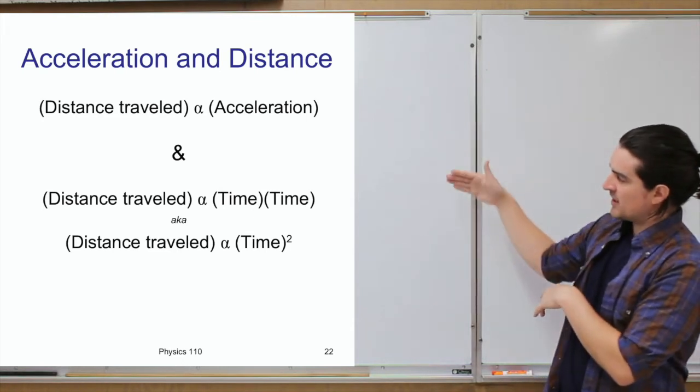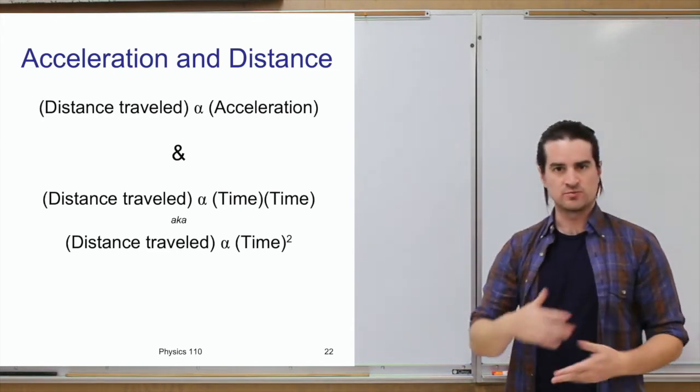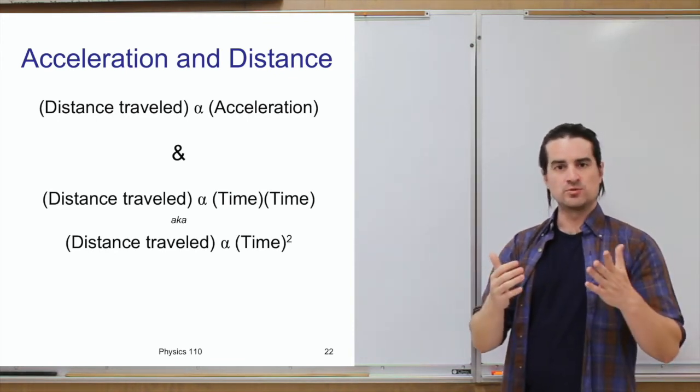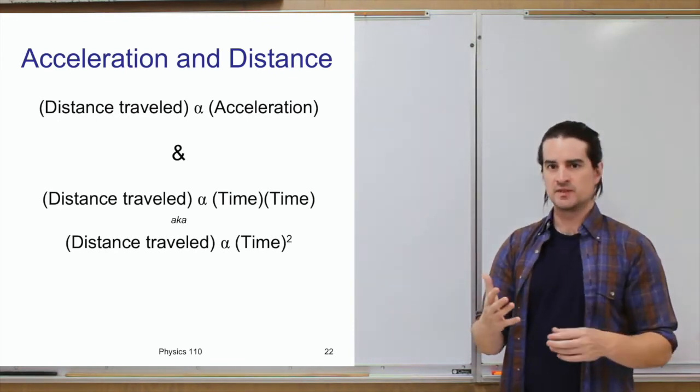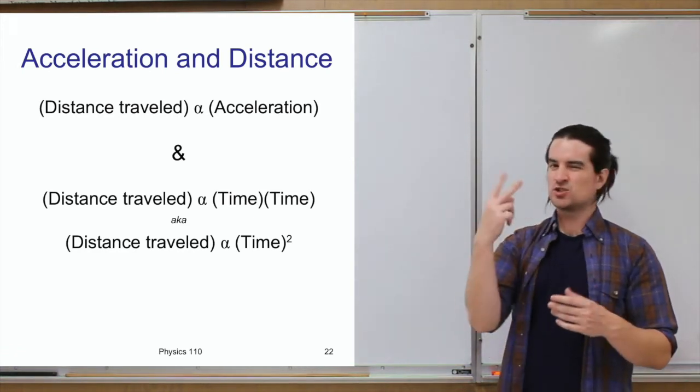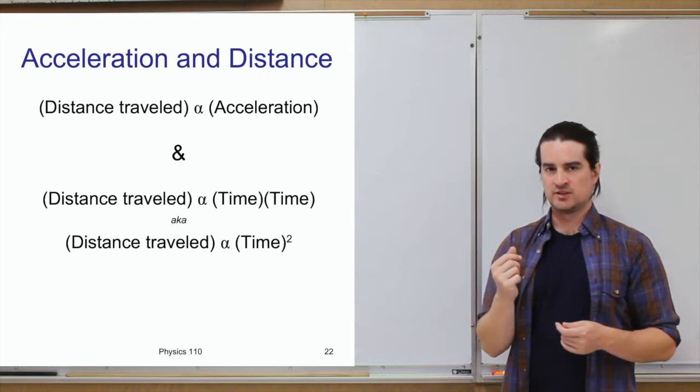On top of that, he also found that the distance that those balls were moving along the plane was proportional not just to the amount of time that they had traveled, but actually to two factors of the time that they had traveled.